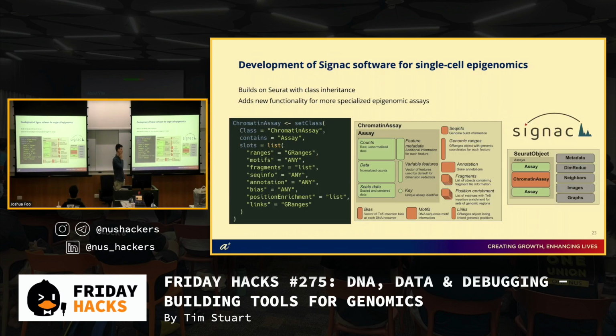But in my lab, we've developed this more specialized R package specifically for epigenomic analysis, and we built on this Seurat package that I used to work on through this class inheritance framework that R has. So in the S4 classes in R, you can define a class that inherits from a different class.